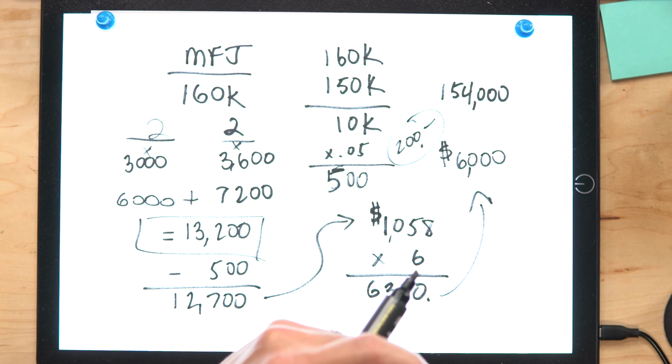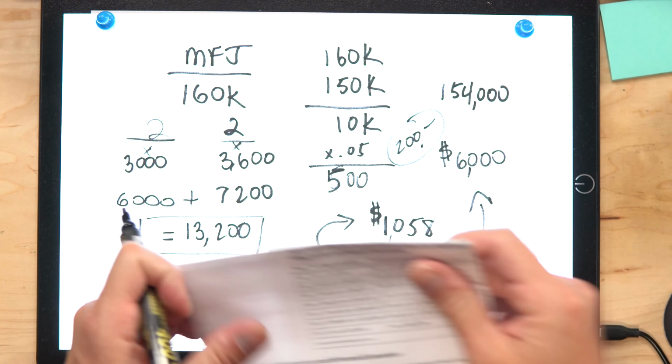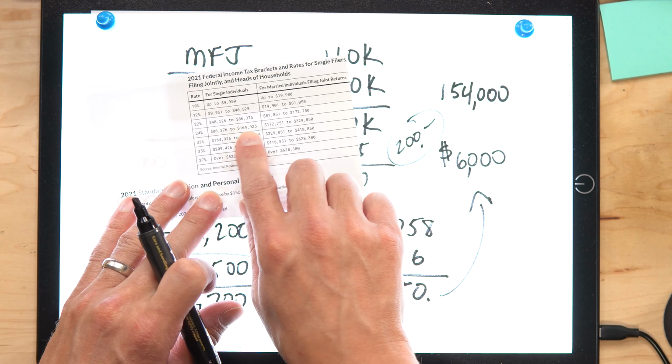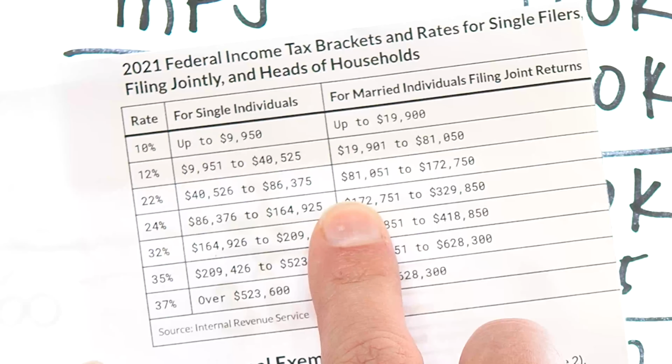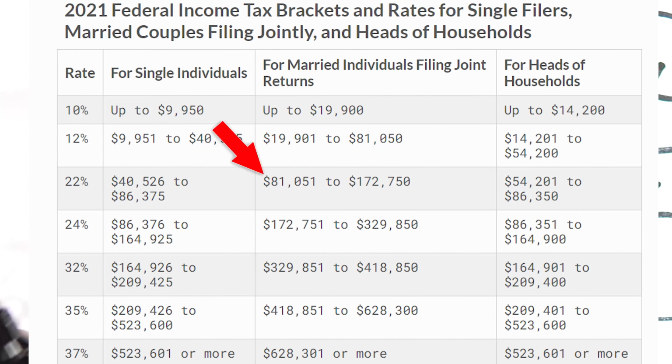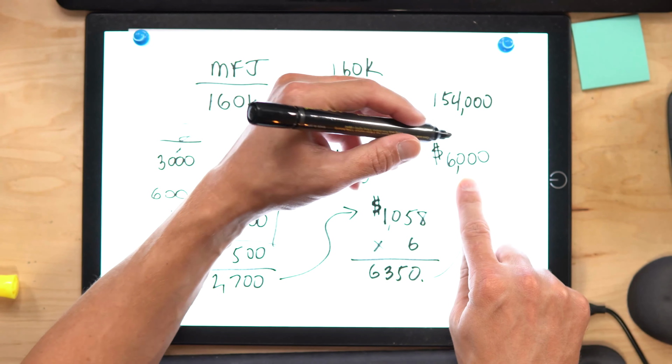But if we also look at the tax brackets, we're going to save on that too. For somebody that's married filing jointly for 2021, we can look right here and see that we are in the 22% bracket. It goes from $81,051 to $172,750. So you're going to save 22 cents on every dollar.